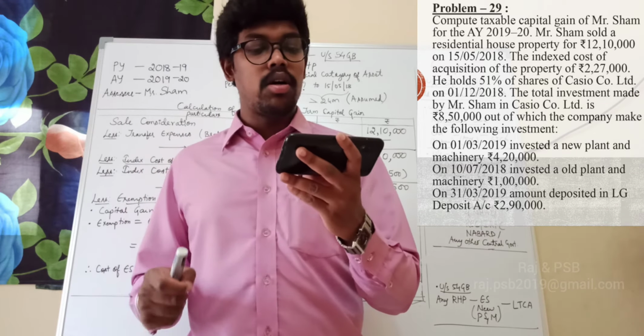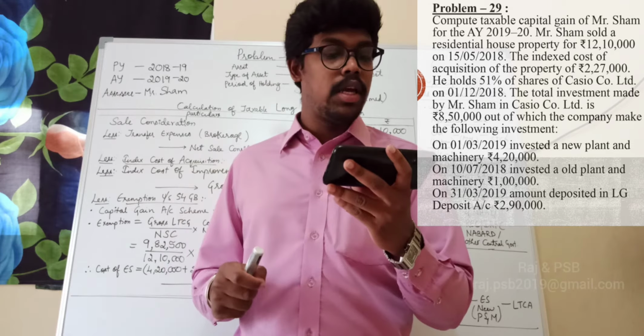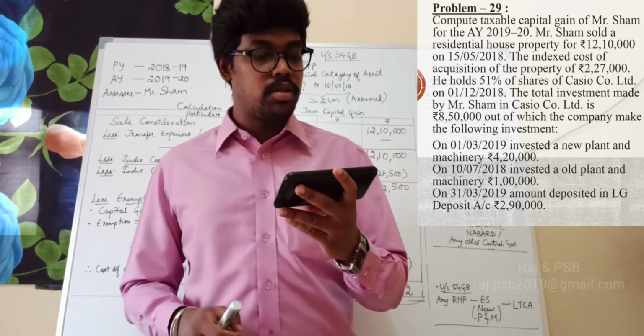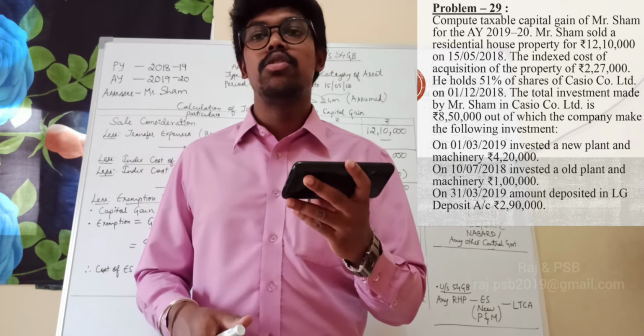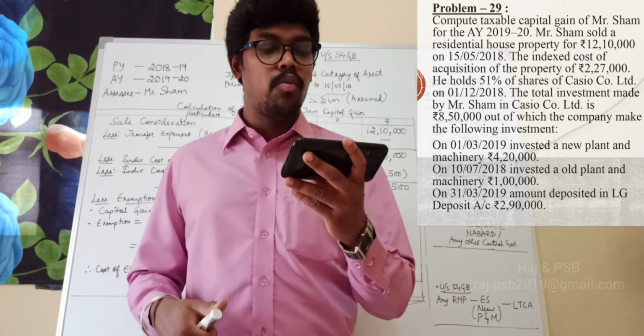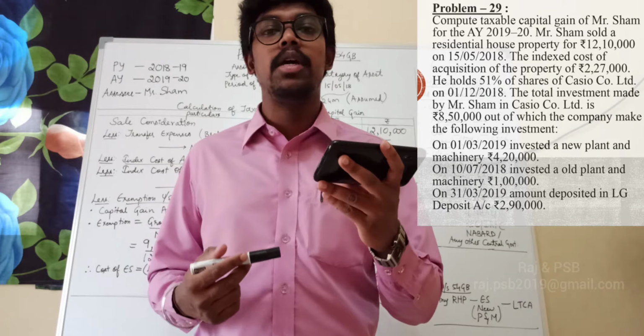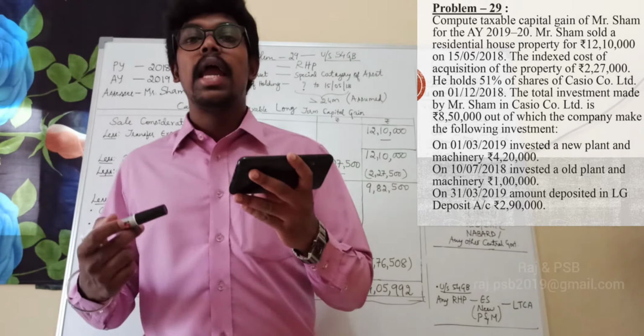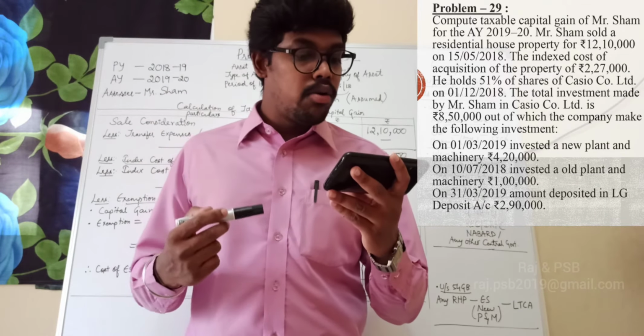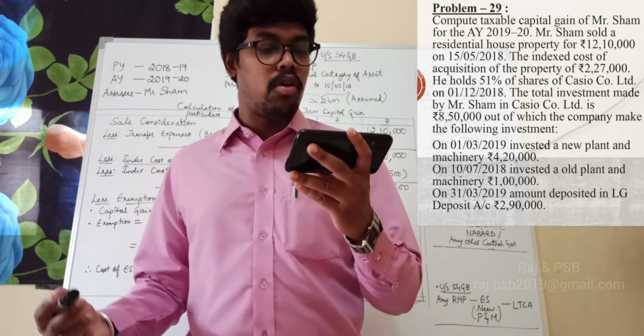The indexed cost of acquisition of the property is ₹2,27,000. He holds 51% of shares of Casio Company Limited on 1/12/2018. The total investment made by Mr. Shyam in Casio Company Limited is 8,50,000, out of which the company makes the following investments.